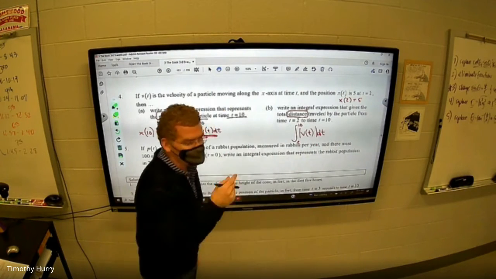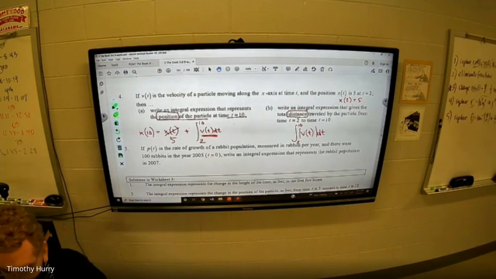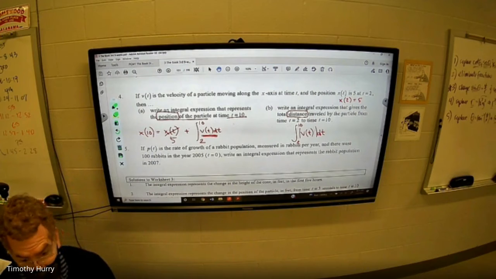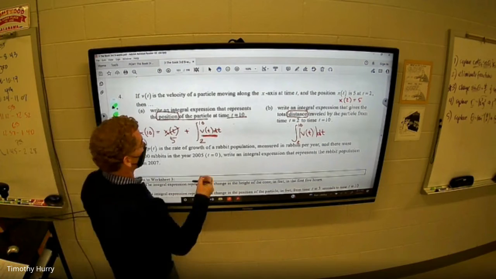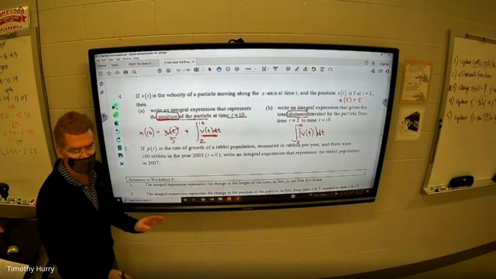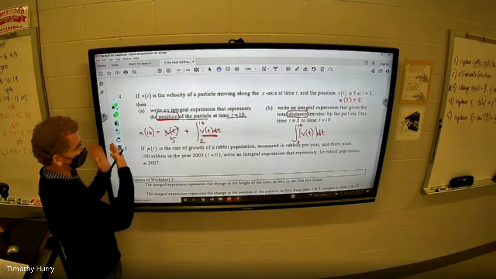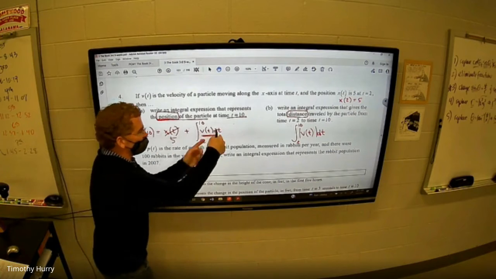Now, why don't I have to add that to where I began? Because it didn't ask where I was located, did it? This one wanted to know, where am I? Where is my position? Not the change in position. The change in position would be x10 minus x2. It just said, where am I? Like, I started here, I changed this much, I ended here.